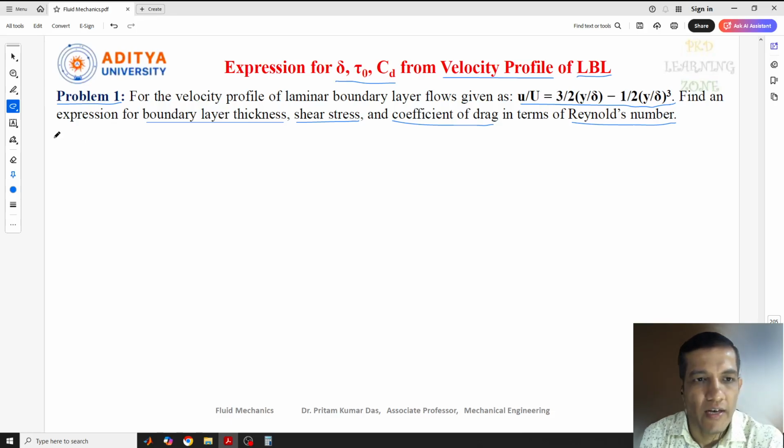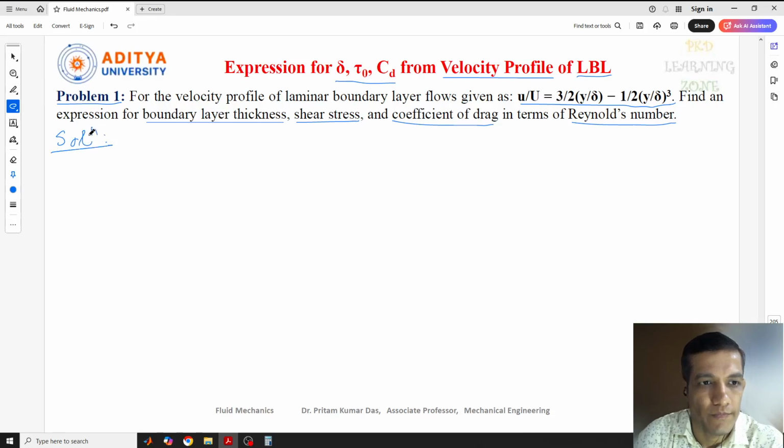In the previous lecture we derived a similar expression, but there the velocity profile was different, and here the velocity profile is different. So the equations or answers for delta, tau naught and CD will come out differently. First of all, let me write down the solution.